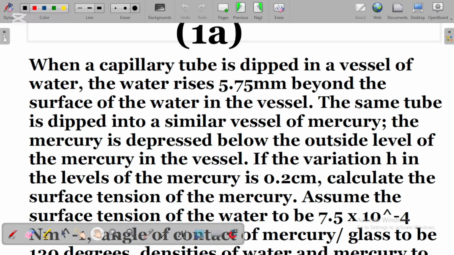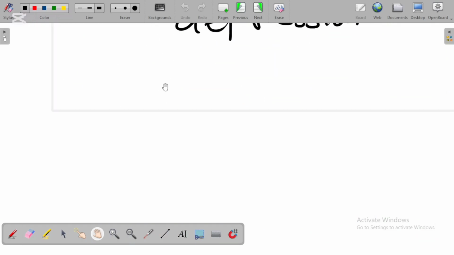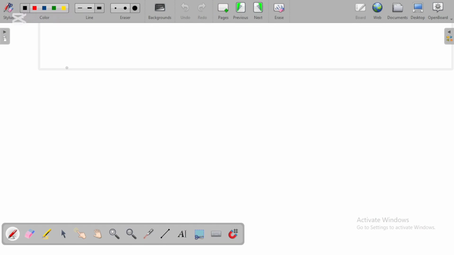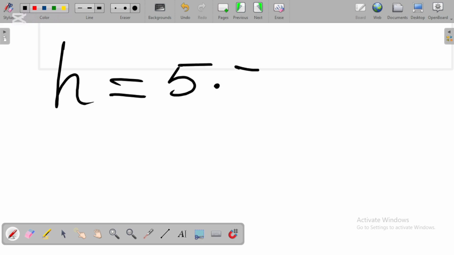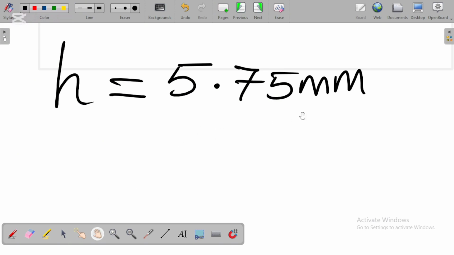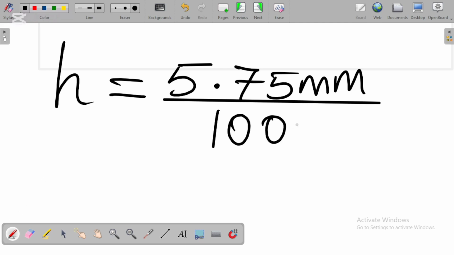So therefore H is equal to 5.75 millimeter. At this point, we are going to convert H from millimeter to meter. In order to convert from millimeter to meter, you divide by 1000.